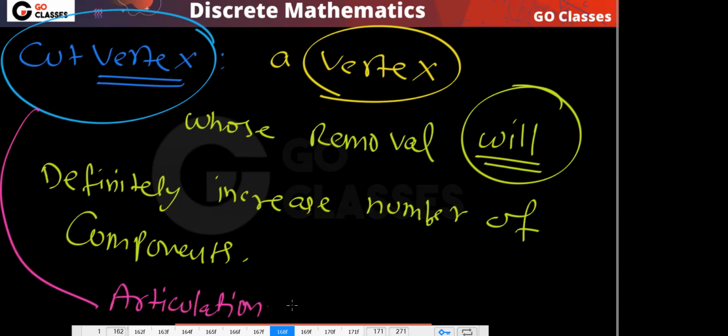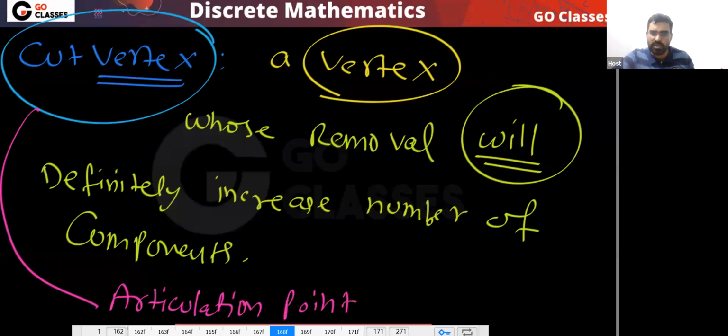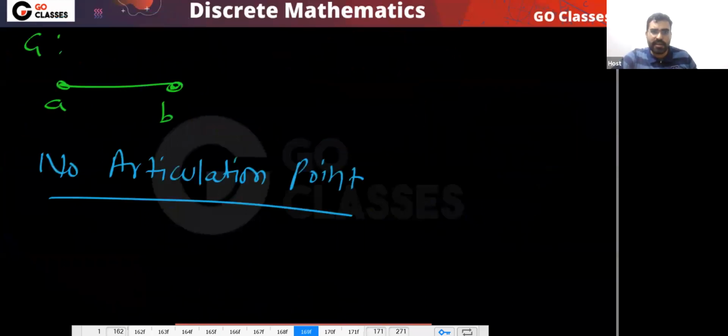B is not an articulation point because the number of components is not increasing. A is not an articulation point either. So there is no articulation point. But for this graph, this is the vertex cut.